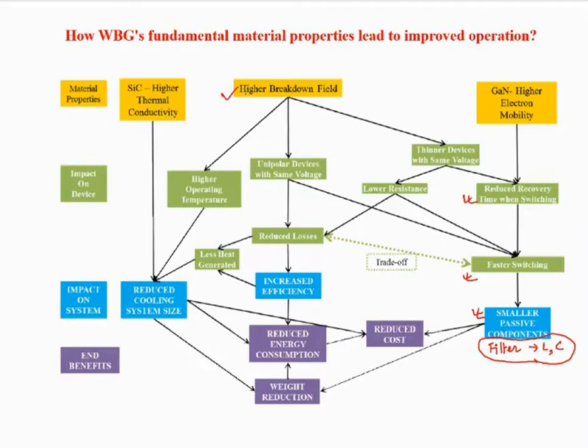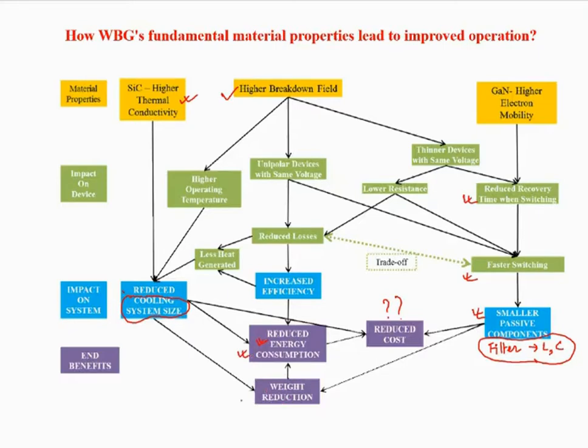High breakdown field leads to high temperature withstanding capability and high voltage blocking capability. Then thermal conductivity, as I mentioned, means your cooling system requirement comes down. So all these things finally end with reduced energy consumption, reduced cost, though this is a question mark, but this is definitely true for most of the applications.